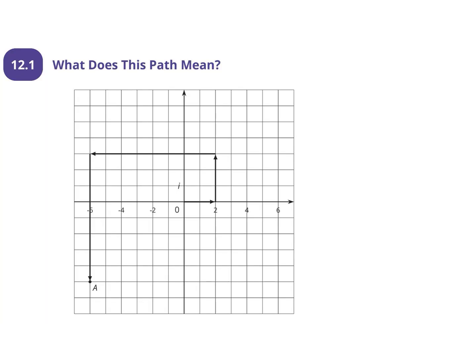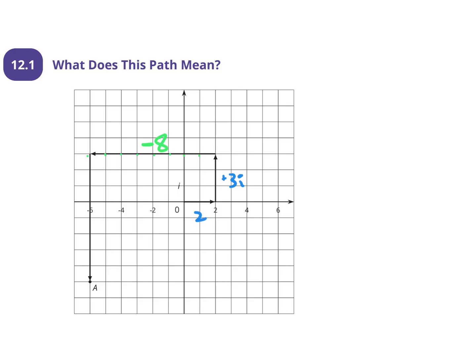Okay, what does this path mean? This path means that the person went in the real number system 2, then in the imaginary, they went 3i, then they went backwards 1, 2, 3, 4, 5, 6, 7, 8. They subtracted 8 on the real number line.